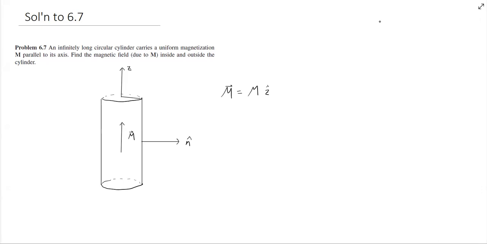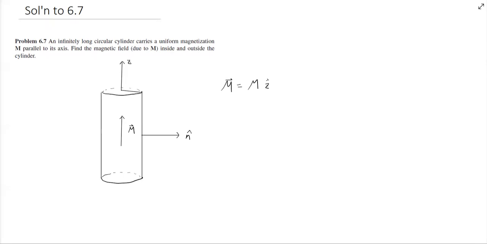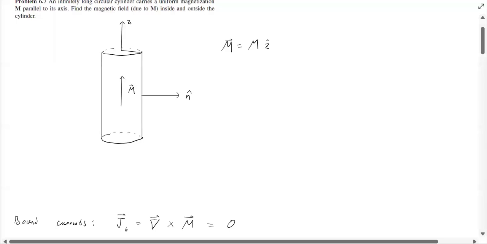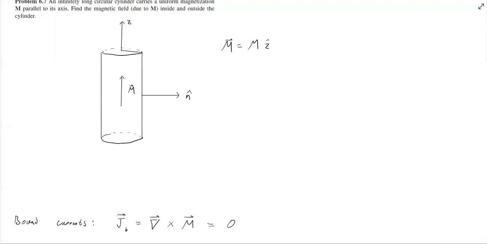Next we want to find the bound currents to proceed with this problem. The first one is the volume current of this configuration. This is the curl of our M vector, and that'll be 0, because as we said earlier, this magnetization is constant, so we expect no curl from that.